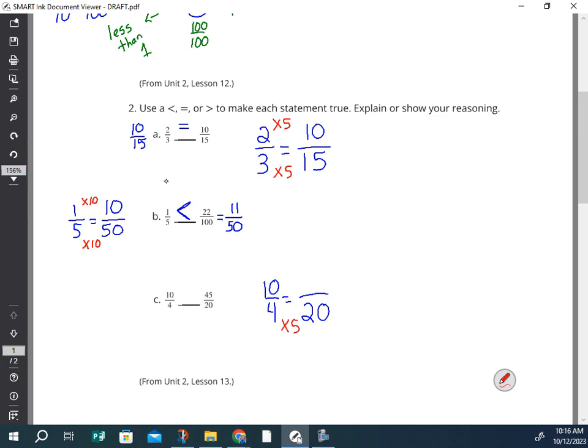Then I'm going to times the 10 by the 5. So that's going to become 50/20ths. So this is also equivalent to 50/20ths. And 50/20ths is greater than 45/20ths. So that means 10/4ths is greater than 45/20ths.